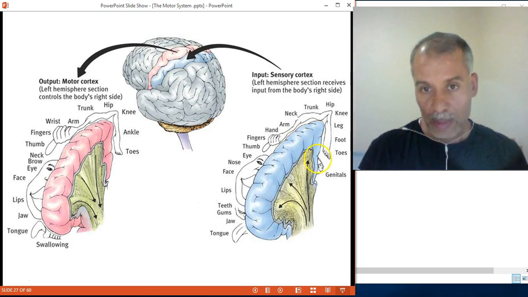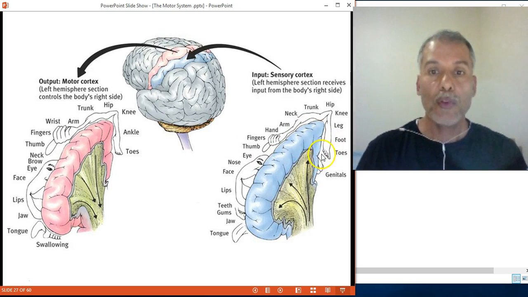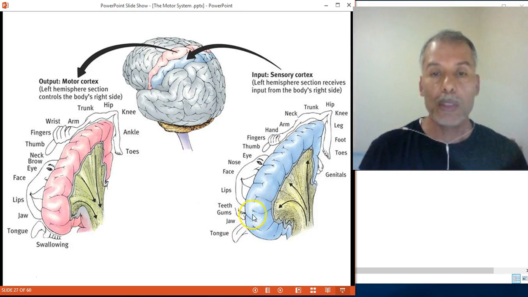That area extends, and it gives you sensations from your toes, and then up in this area, your foot, this part of the foot, and then the ankle, and then the knee, and then the torso, and you name it. And then as you keep going, this area is for the hand and digits, or fingers, and then so much of it is dedicated to the face and throat and so on. So that lower part of it.